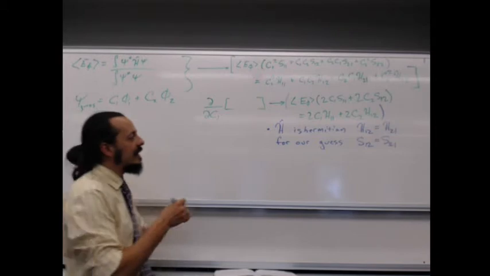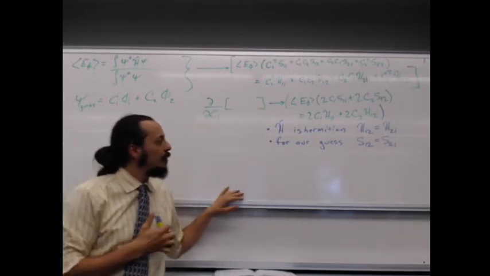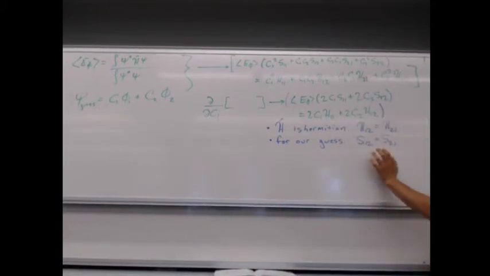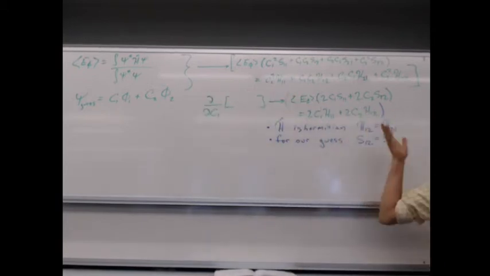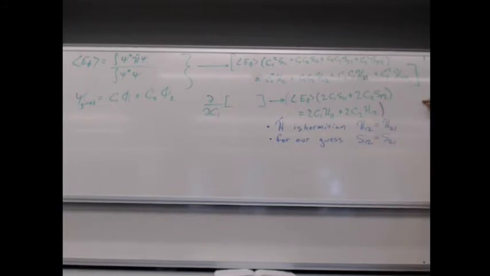For the guesses that we're going to be using, real wave function guesses, S12 and S21 are also the same, which also has to do with the fact that we're using functions associated with a Hermitian operator. Those were two things that allowed us to simplify so I didn't have to carry around as many terms. So I didn't have to do a C2 S12 plus a C2 S21. I could just say, those are going to be the same.